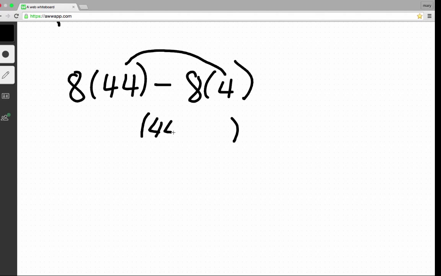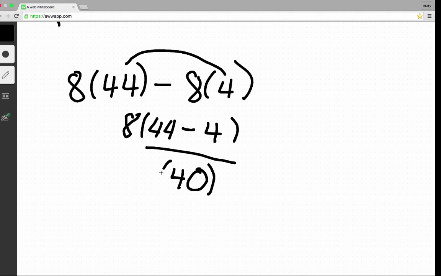We're joining them. So it's a subtraction. So right here, it's a subtraction problem. And here's my 4. So my 44 comes down, my subtraction sign, and my 4. And the 8 is the number that I am passing out or distributing to this. So we're subtracting, and that gives us 40.